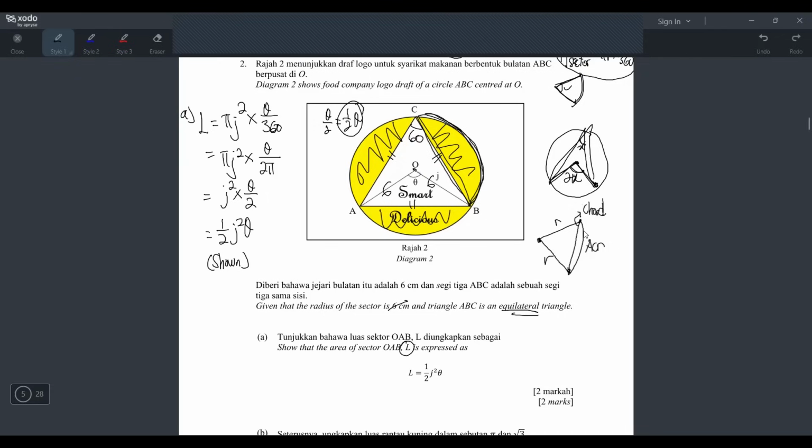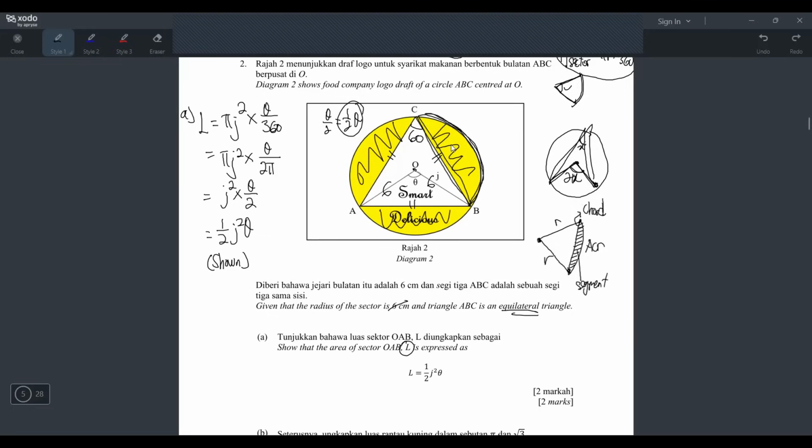If you look at the arc and the chord, in between them there is a tiny space. This space in between we call a segment. A segment can only consist of 2 lines, the arc and the chord. So that's why I say this is a segment.